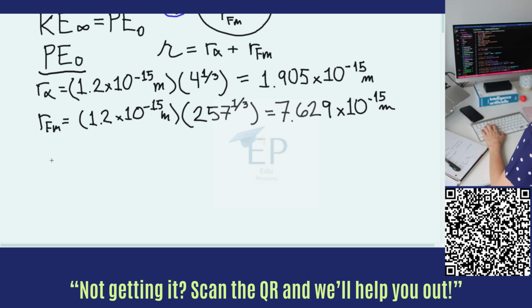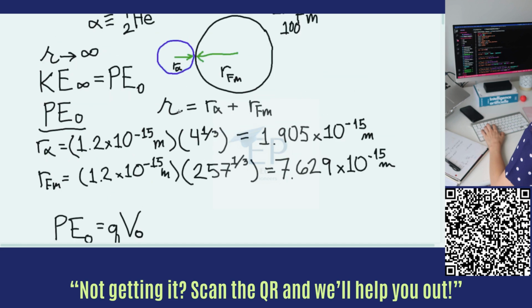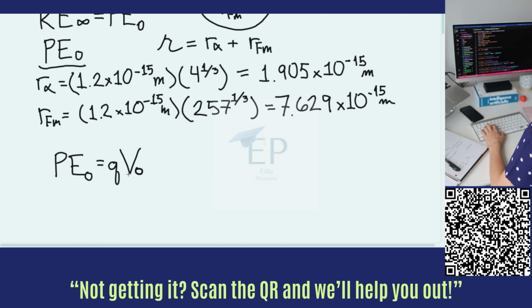So to do that, we need to note that the potential energy of charges at rest from electrostatics, the equation we should start out with is potential energy at rest initially is equal to the charge times the voltage given off by the Fermi atom in this case.